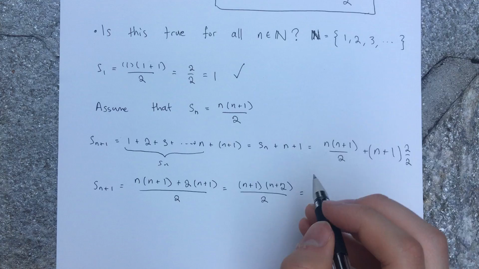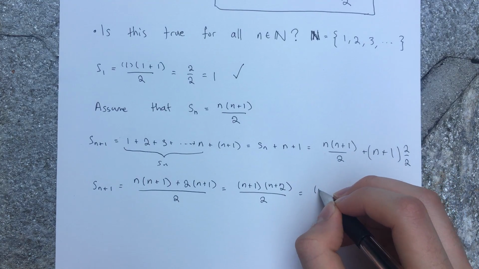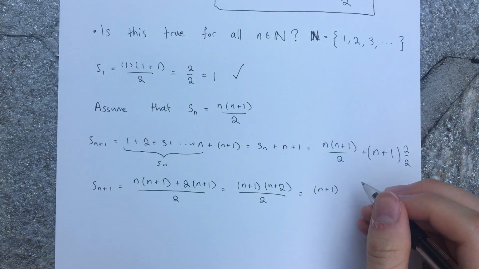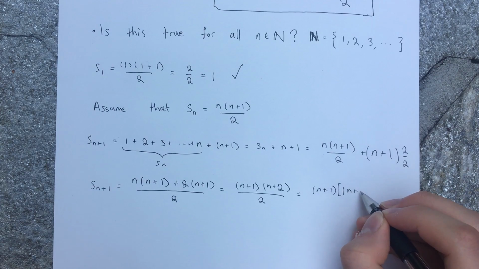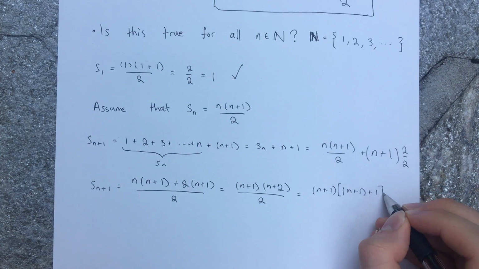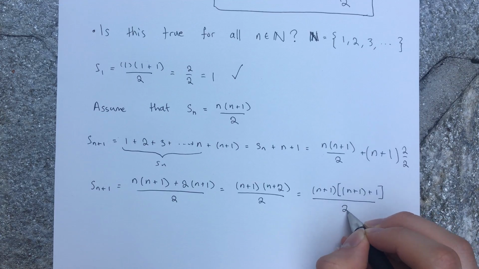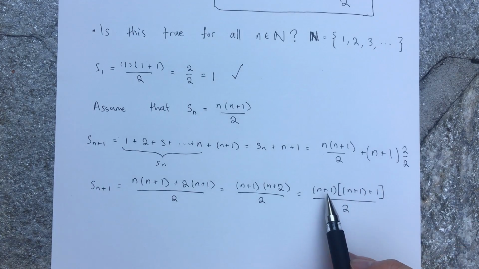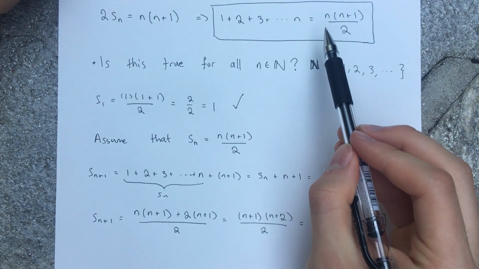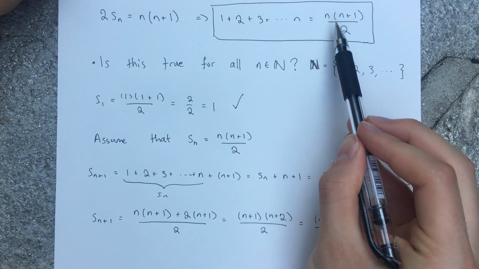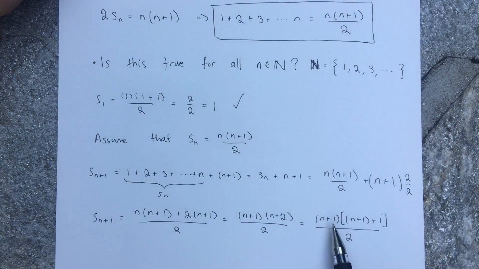And this right here is the same as n plus 1, and I'm going to put this in bigger brackets, times n plus 1 plus 1. So we see that this formula right here of n times n plus 1 is also true for n plus 1. I know that sounds confusing, but here we have n plus 1 times n plus 1 plus 1 over 2.